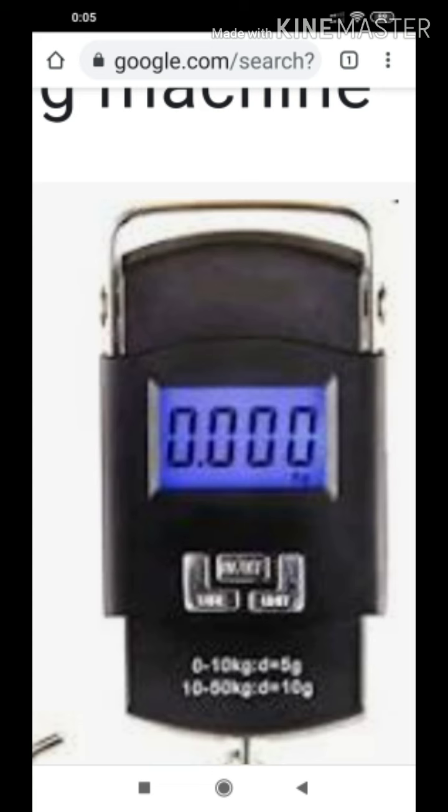So the minimum amount of input for which the instrument is about to respond is called its threshold. In this example, 0.001 gram, 1 milligram, is the minimum weight we have to keep here. So this is the threshold.